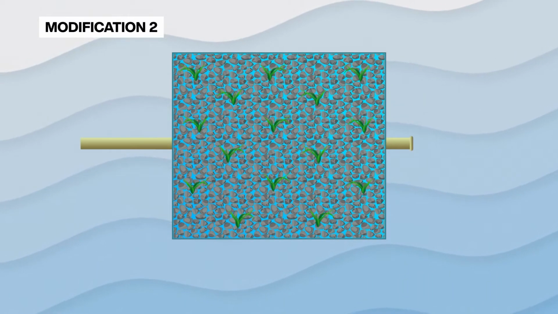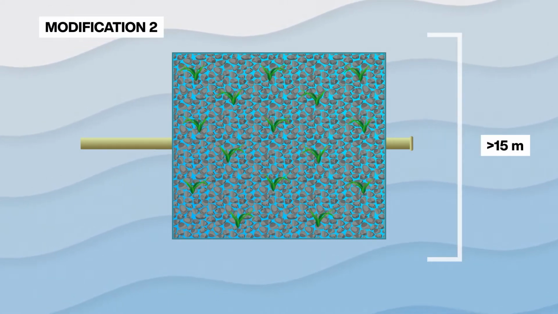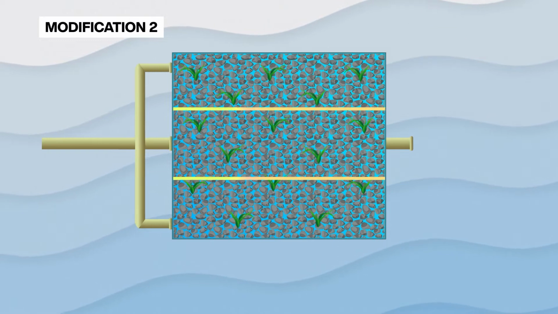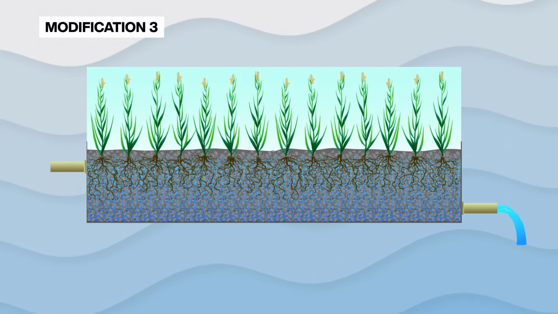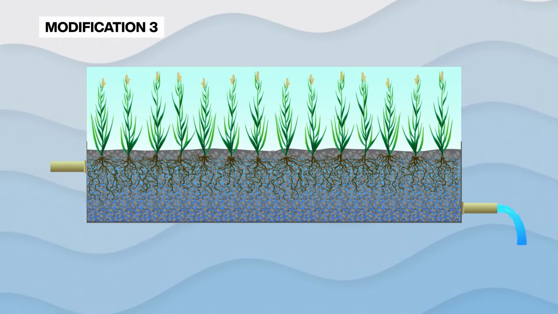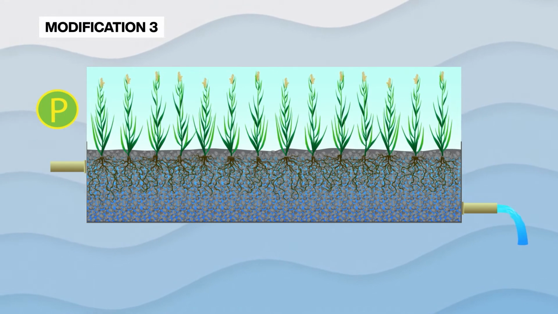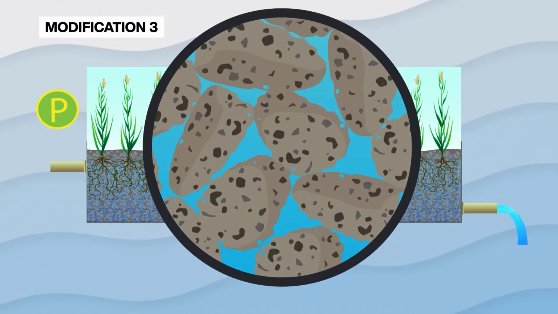If a wetland construction is to have width of more than 15 meters, influents are divided into 2 or more venues separated by baffles. Modification 3. Sometimes specific industrial substrate materials are used for intense phosphorus removal instead of gravel. For example, calcite alumina, which has a high sorption capacity.